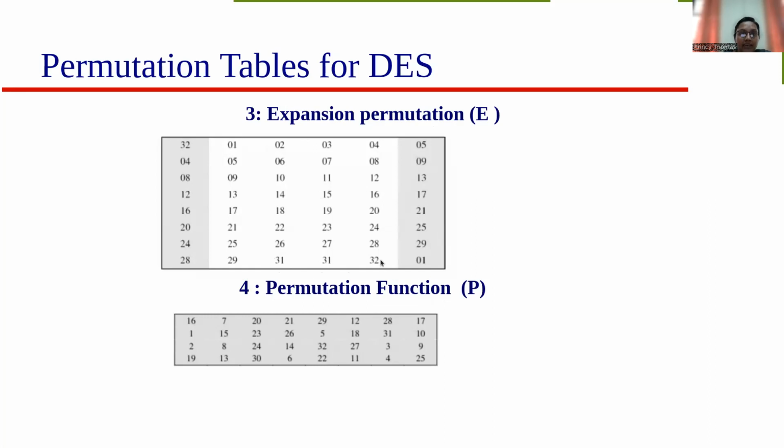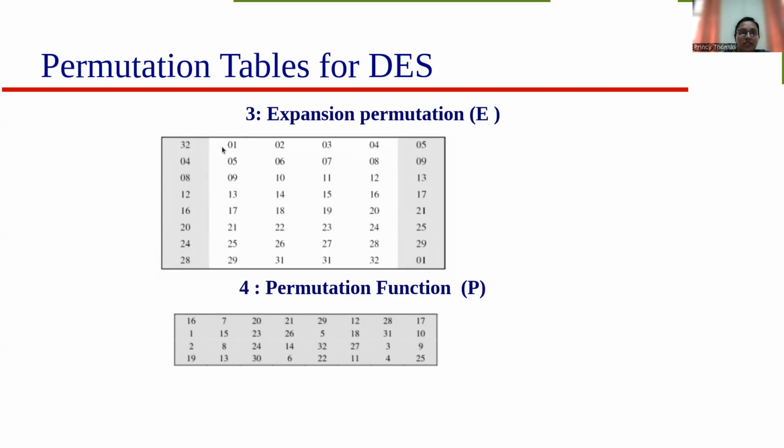Then some bits are going to appear twice in our output of 48. How that is done, you have to learn by heart. On this side, you have 5, 9, 13, 17, 21, 25, 29, and 1 repeated. And on this side, 32, 4, 8, 12, 16, 20, 24, and 28 are repeated.